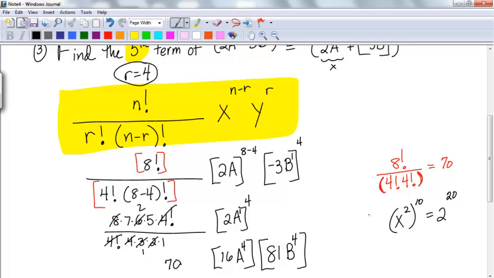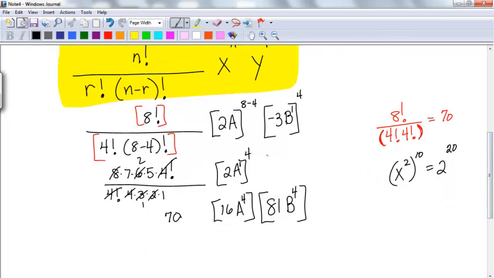Now you still have to simplify. I guess I left that out on that line. So in the simplification, we've got to multiply. Take 70 times 16 times 81. What do you end up with? Yep, that's right. 90,720 is your coefficient.